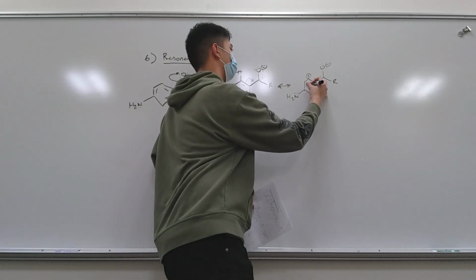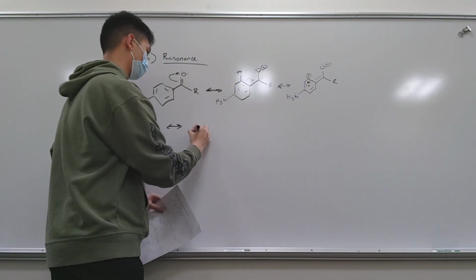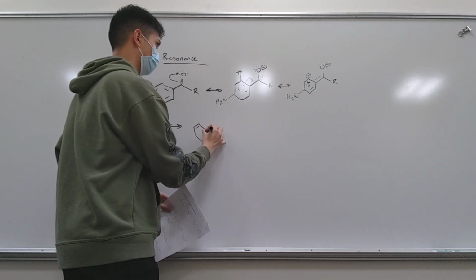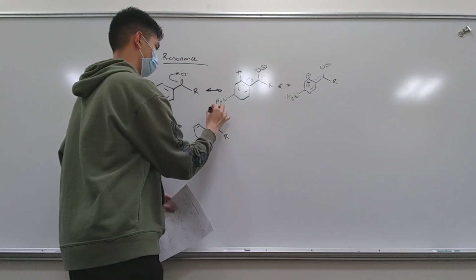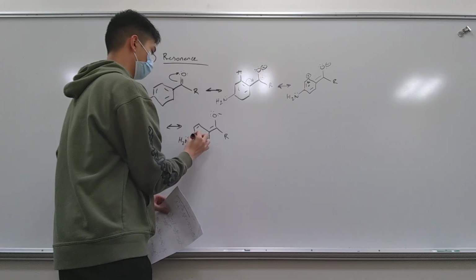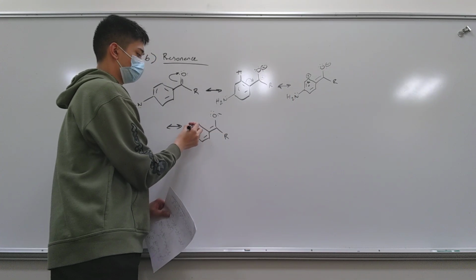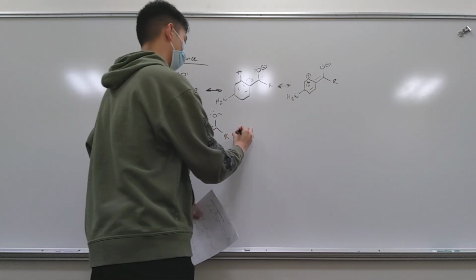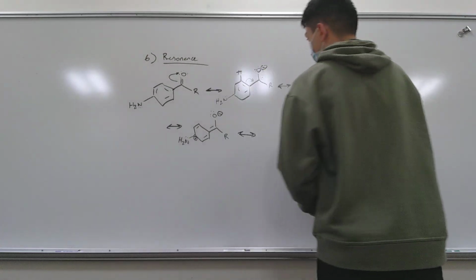Now we do the same with the other ones. Electron rich, electron poor. And then we have, this one has its octet, this one does not, so it has a plus charge here. And then we can do our last structure here.